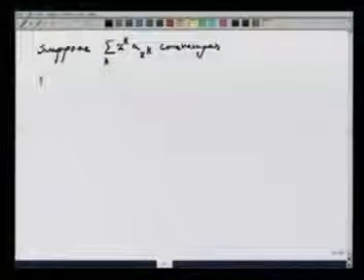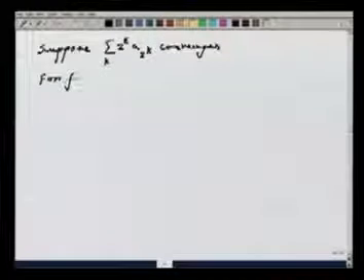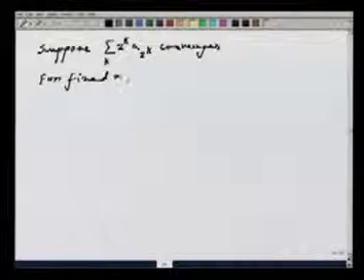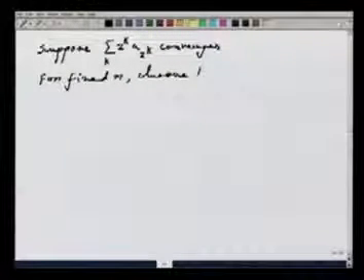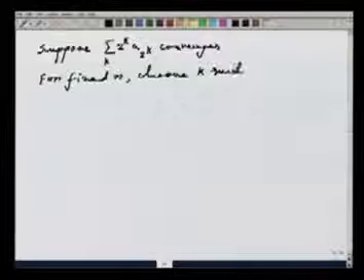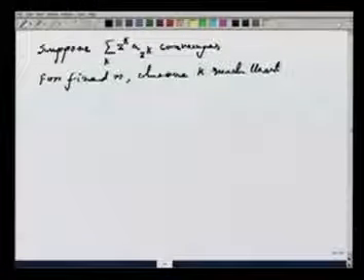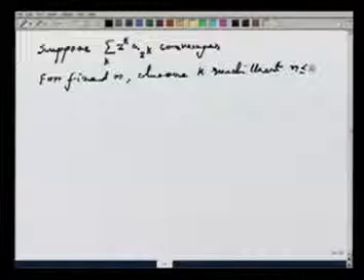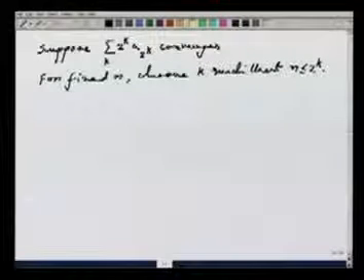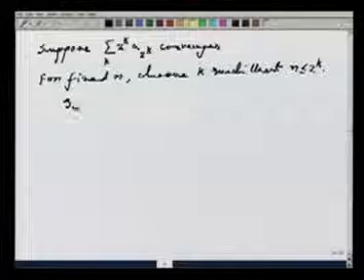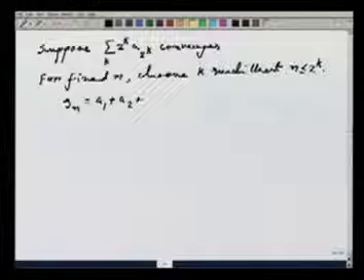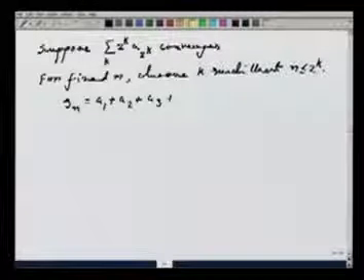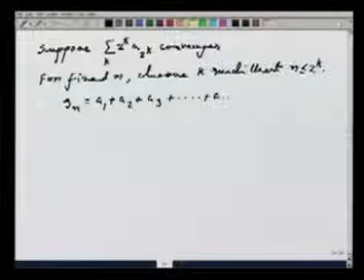So what we do is, for fixed n, choose k such that n is less or equal to 2 to the power k. Then start with Sn, that is a1 plus a2 plus a3 up to an.